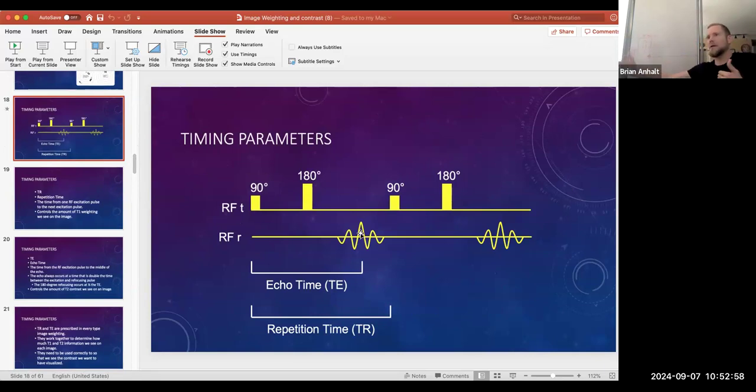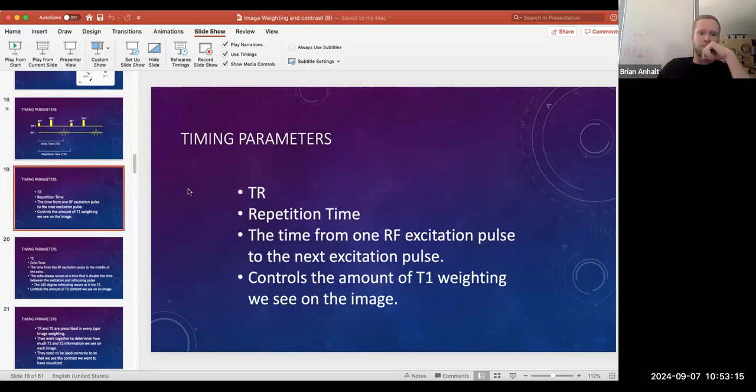TRs are going to be much longer than TEs, essentially. But just to fit it on one page, this is how it ends up being. I would say it'd be more like this. This is your TE, the TR would be way out here somewhere if you wanted to make it more to scale.